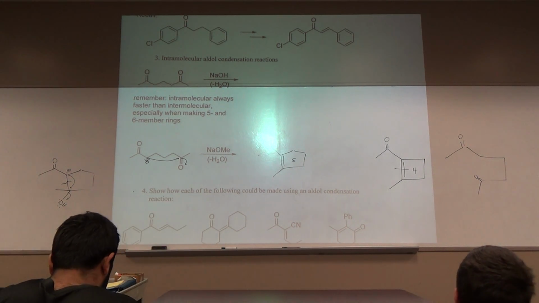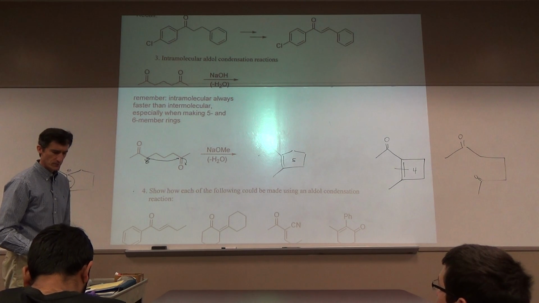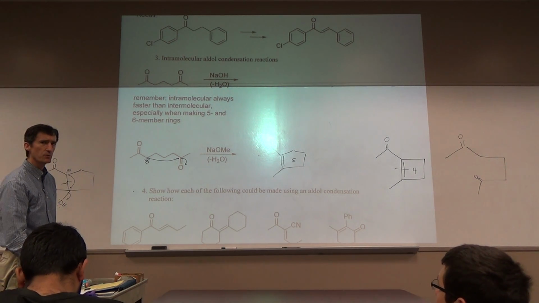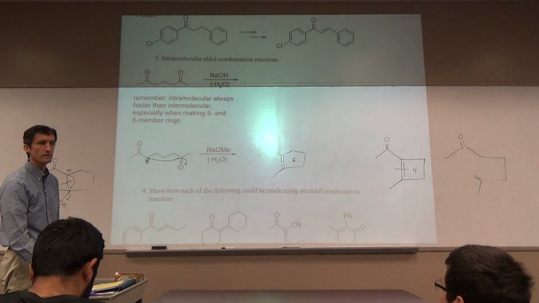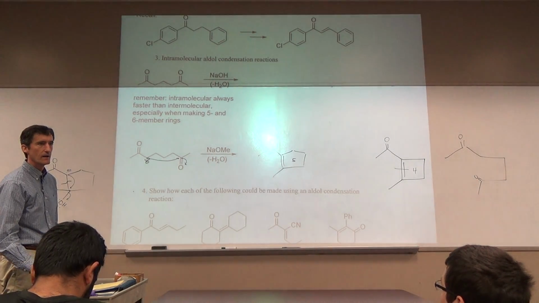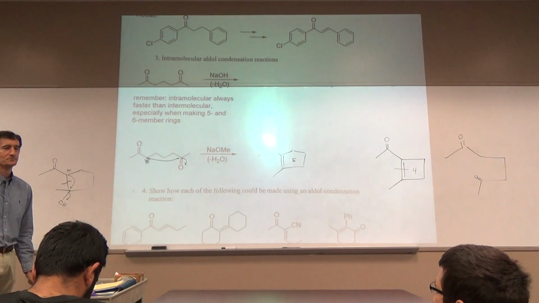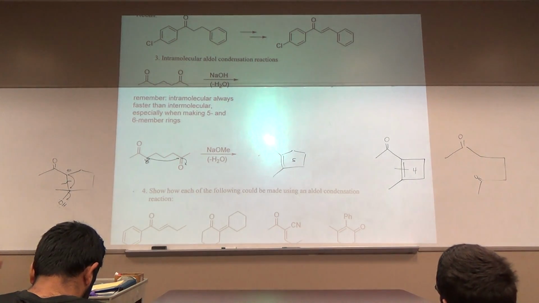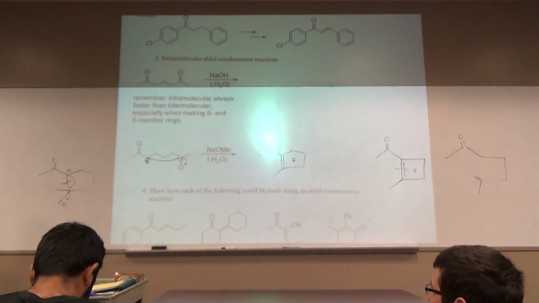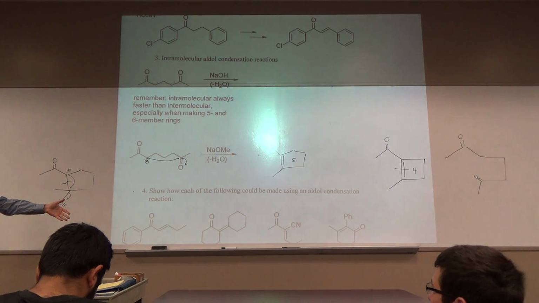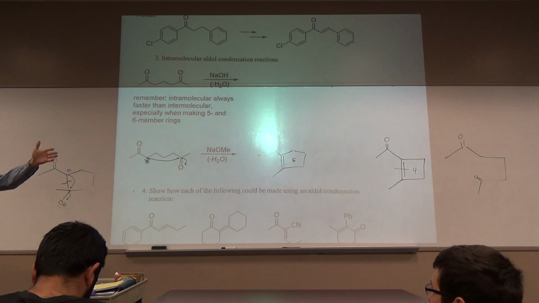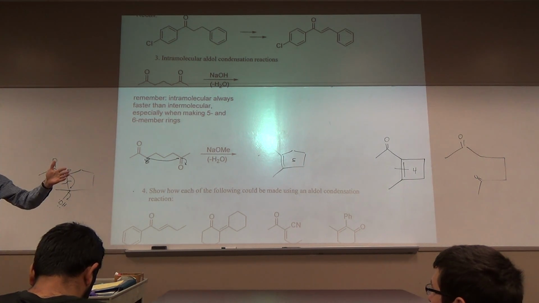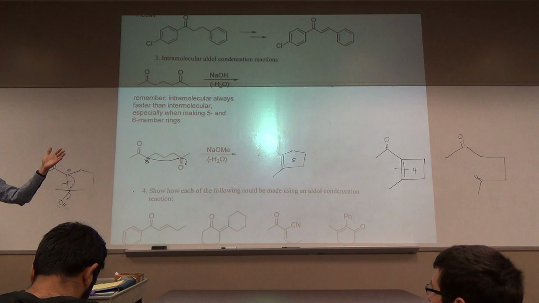The 7-membered ring is not favored. Why? It's really hard to draw. 5 and 6, boom. Okay. Pretend this arm is longer. Instead of making that longer, I'm going to make this shorter. Now let's try to slap hands.